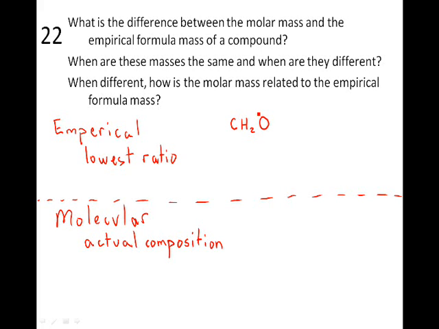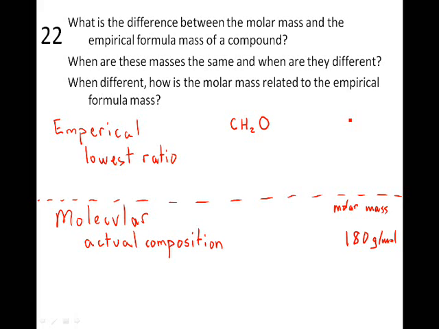And you might do some other research that tells you the molar mass of this compound is 180 grams per mole. And you would discover that if you find the molar mass of this empirical formula, if we add a carbon and 2 hydrogens and an oxygen together, we're going to get an empirical formula mass of about 30 grams per mole.